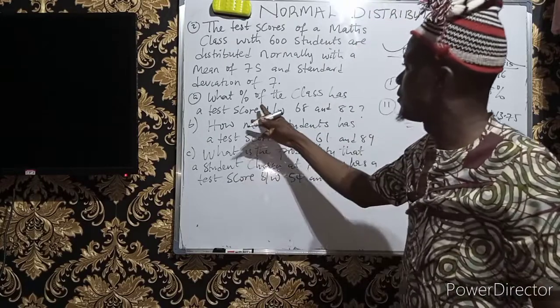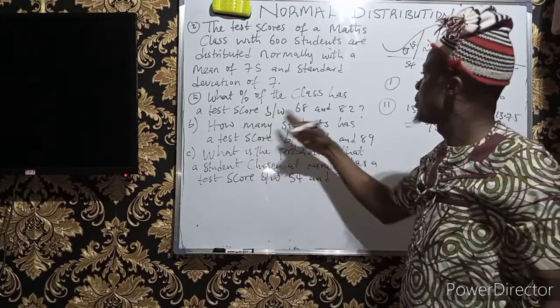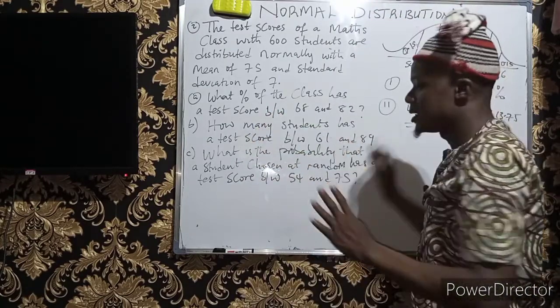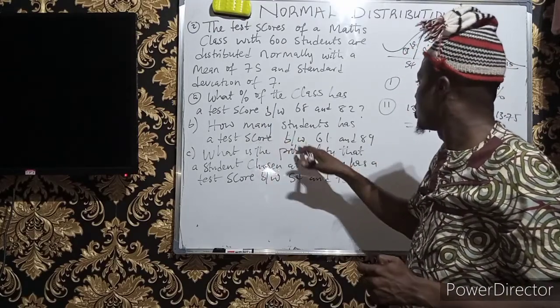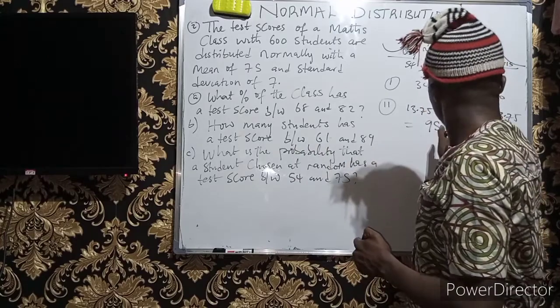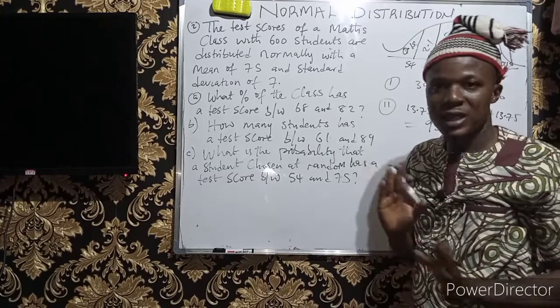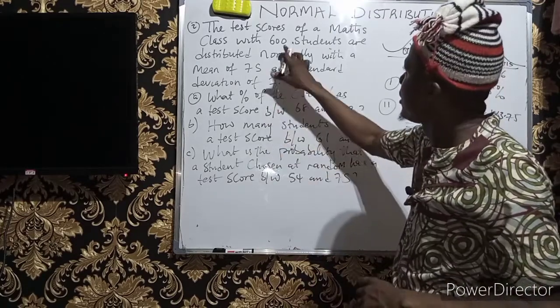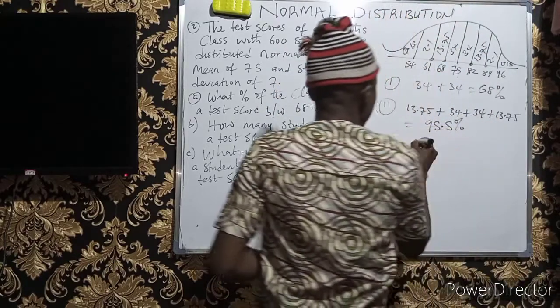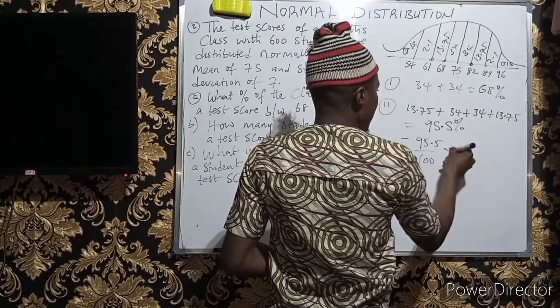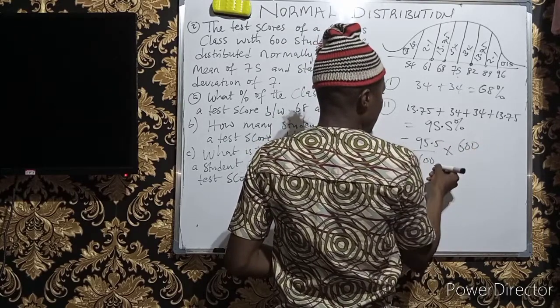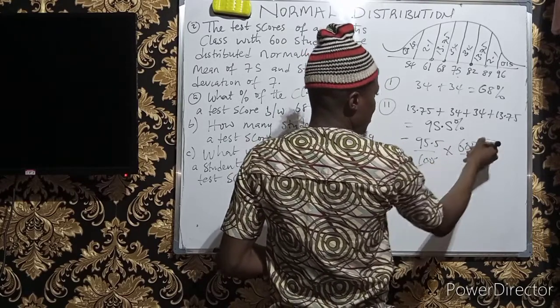Okay. Now, how many students do we have there? Because this question is different from the first one. The first one says what percentage of the class, which we got as 68% directly. This time around, they say how many students has the test score between 61 and 89. So 95.5% of the students has it. And how many students are we talking about? 600 students. So it will now be 95.5 over 100 times 600 students over 1. 0 cancels 0.